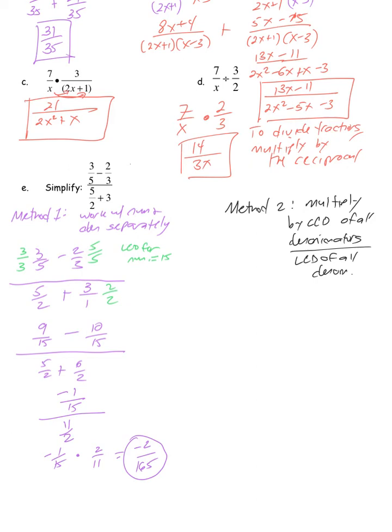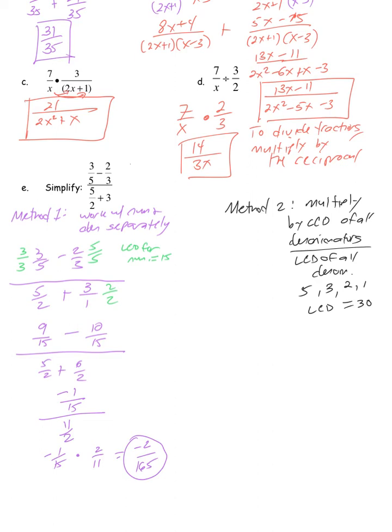In this case, the denominators we have are 5, 3, 2, and 1. The LCD of these denominators is 5 times 3 times 2, which is 30. So we're going to multiply this entire complex fraction by a funny form of 1, which is going to be 30/1 over 30/1.